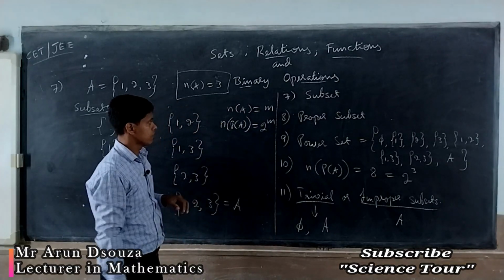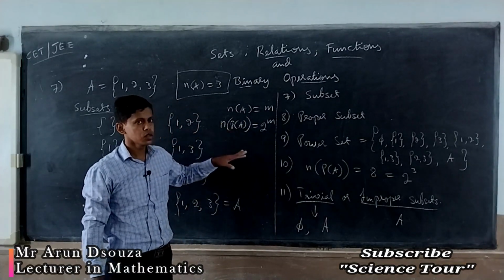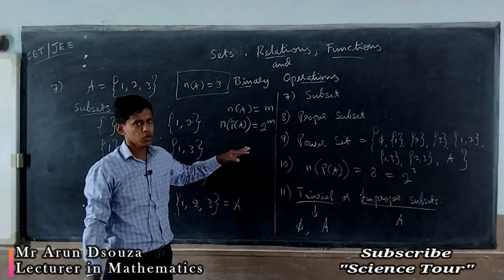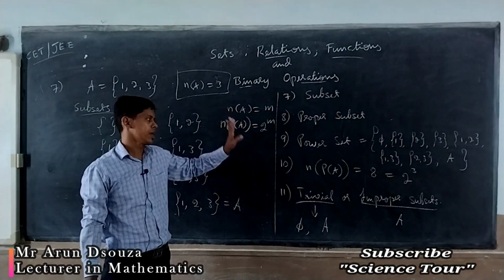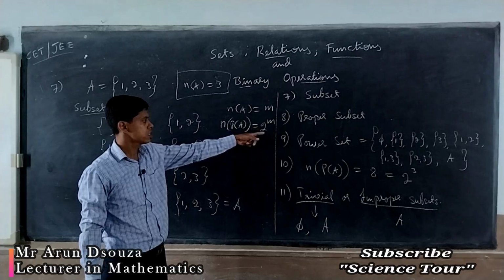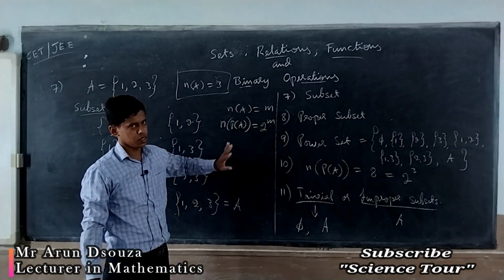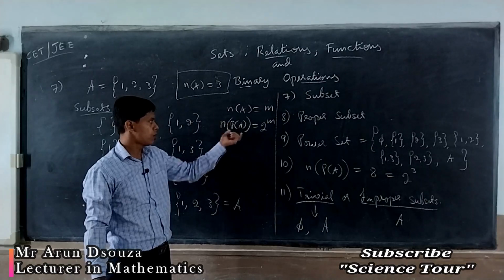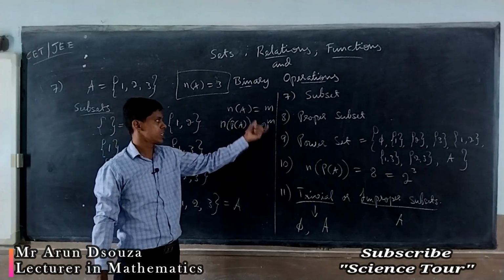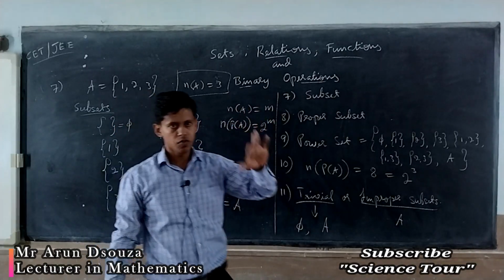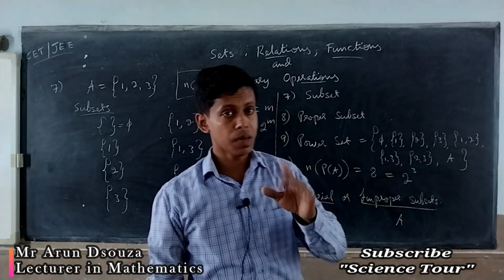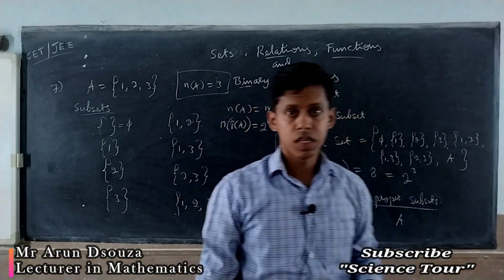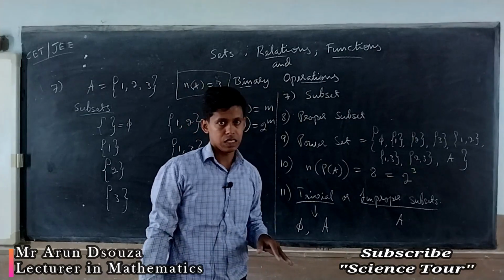So that will be like 2 square, 2 cube, 2 to the power 4, 2 to the power 5, it goes on like that. So the formula is 2 to the power m. If the number of elements in the set is m, the number of elements in the power set is 2 raised to m. Please remember this formula, very important for CET.